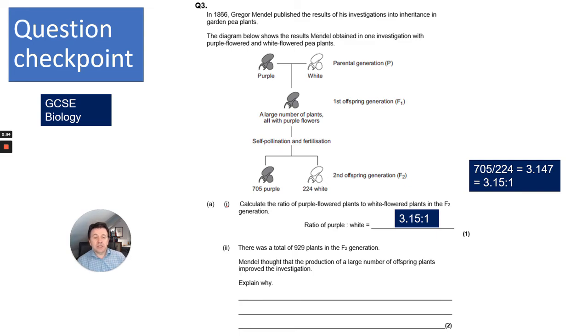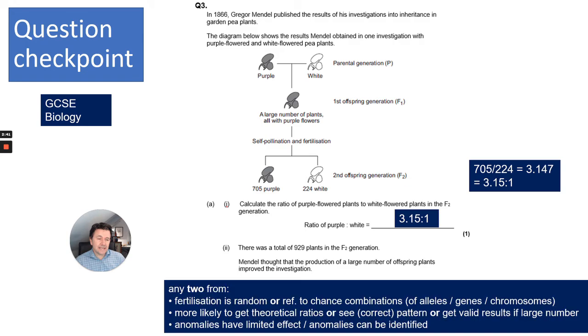Then it says there was a total of 929 plants in the F2 generation, so Mendel thought that the production of a large number of offspring plants improved the investigation. Explain why. Well, there are many different answers here, so you can have any two from the following. First of all, fertilization is random, or you could say it's a chance combination of alleles and genes.